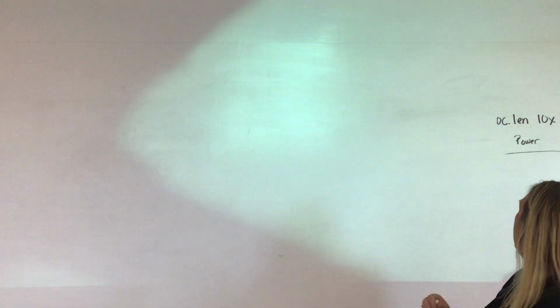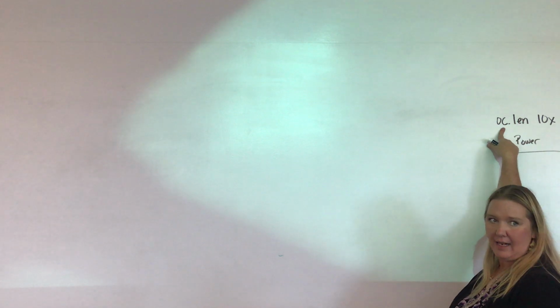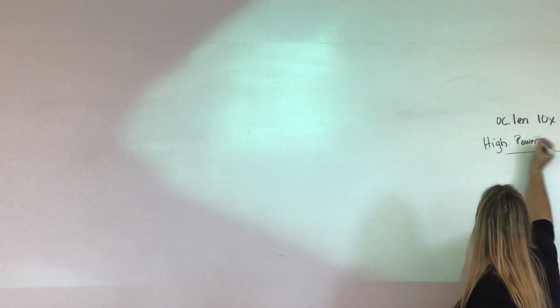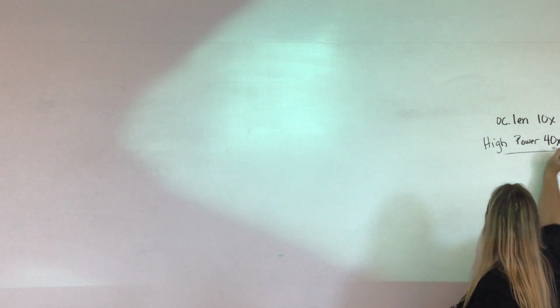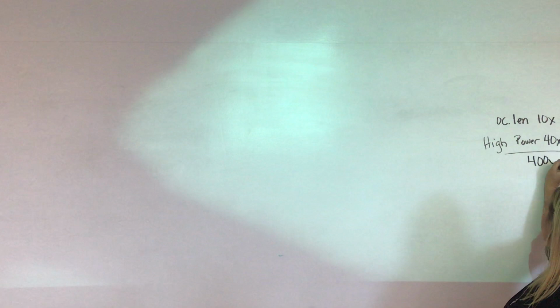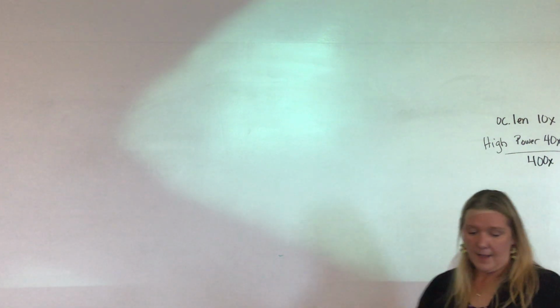So the ocular lens is still 10x, and now we're on high power, and that's 40x. Total magnification is 400 times. So I could try to see if I can find it, see it better, try to play with some stuff here.